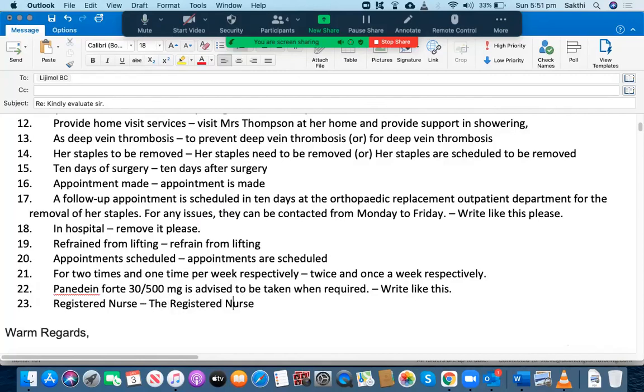Before the occupation, you need to use "the" registered nurse, in both the address details and the sender's details. You need to always have "the" in front of them if you write down the designation. Okay.